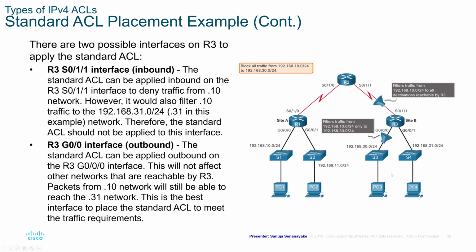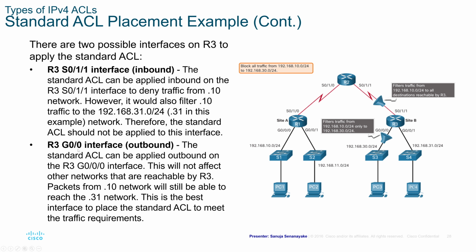We only need to prevent this side of this network from being accessed by this network, right? So by placing it on the S0/1/1, you can see it's going to block both of these networks, .30.0 and .31.0. So that's a bad idea.